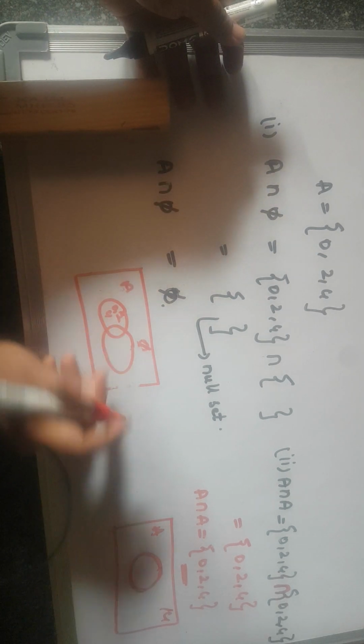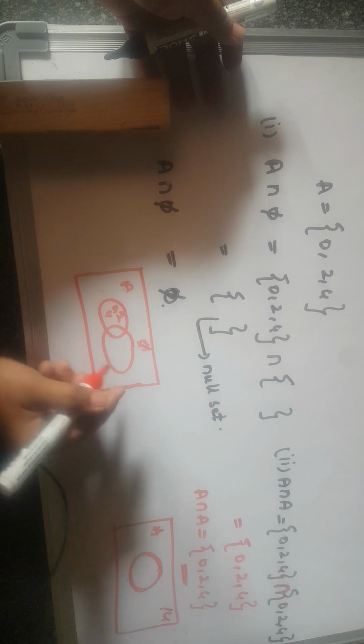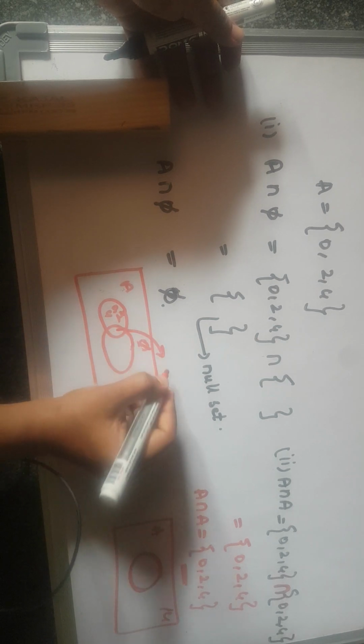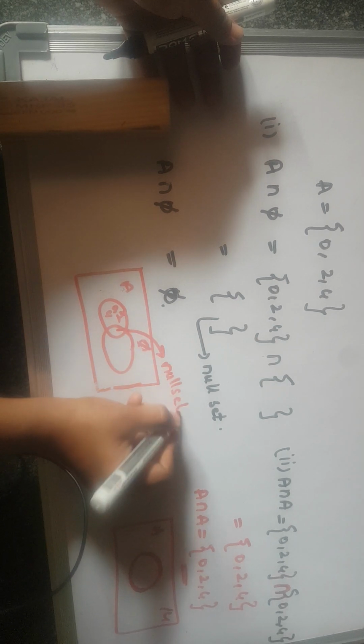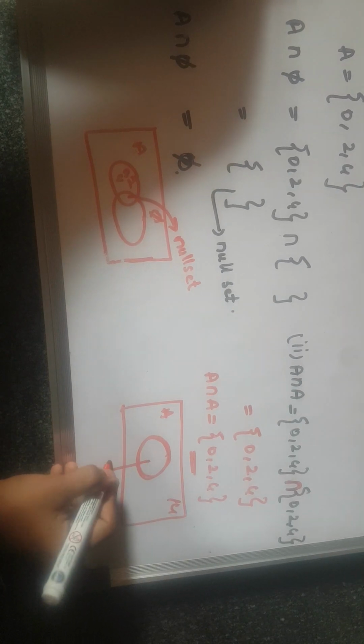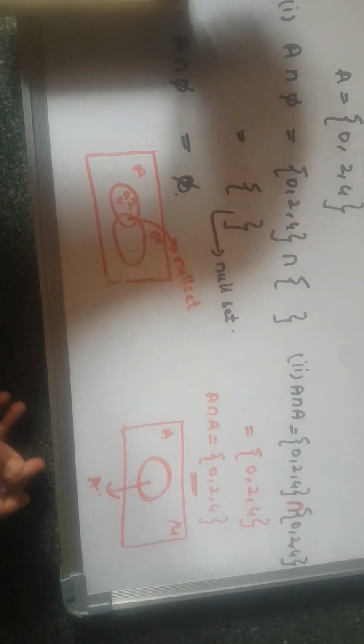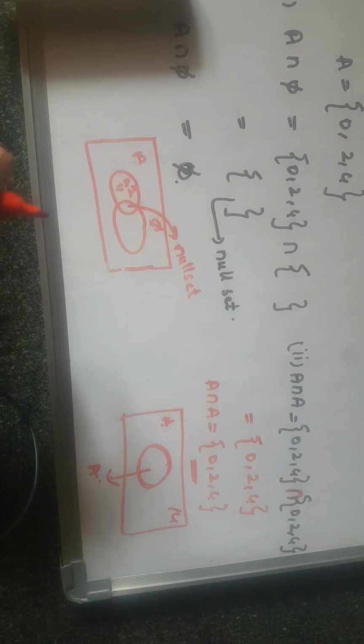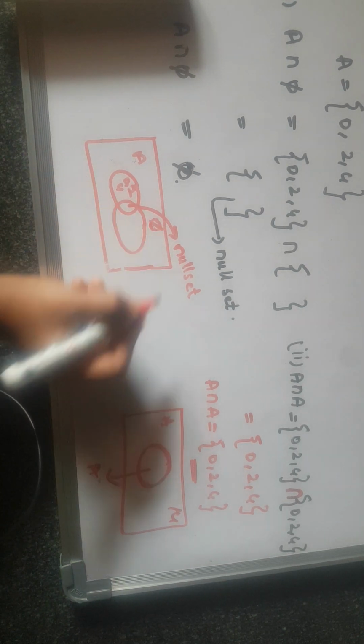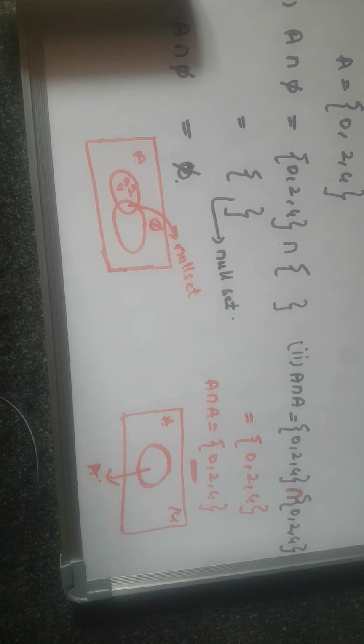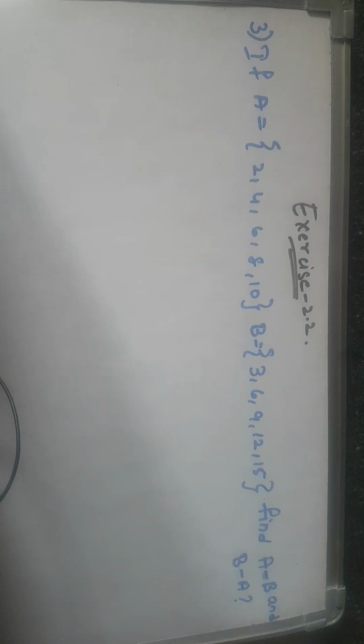So no values will come, it will be a null set, and in the other one set A will be present. Okay, A intersection A is A, and A intersection 5 will be the null set only.